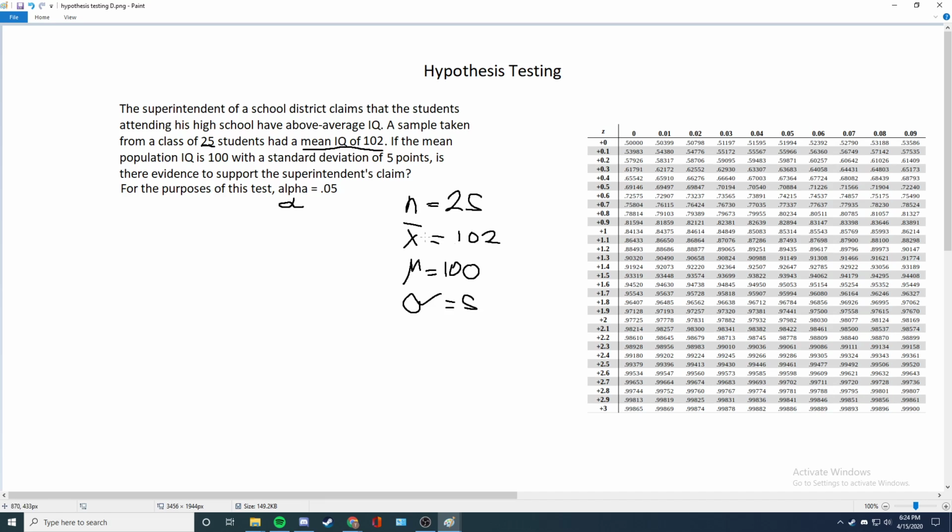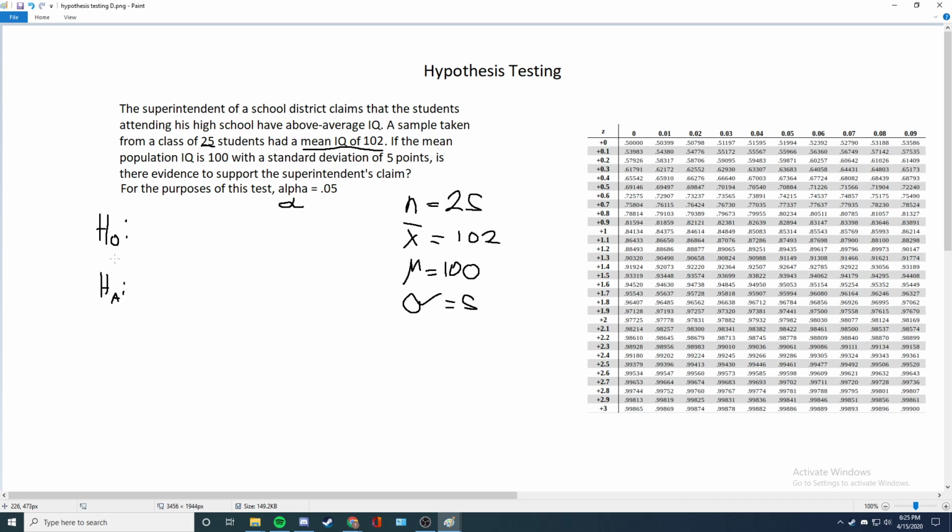So now that we've got all the pieces that we need, we can start actually solving the problem. The next step is to set up our hypotheses. We need both our null hypothesis and our alternative hypothesis.